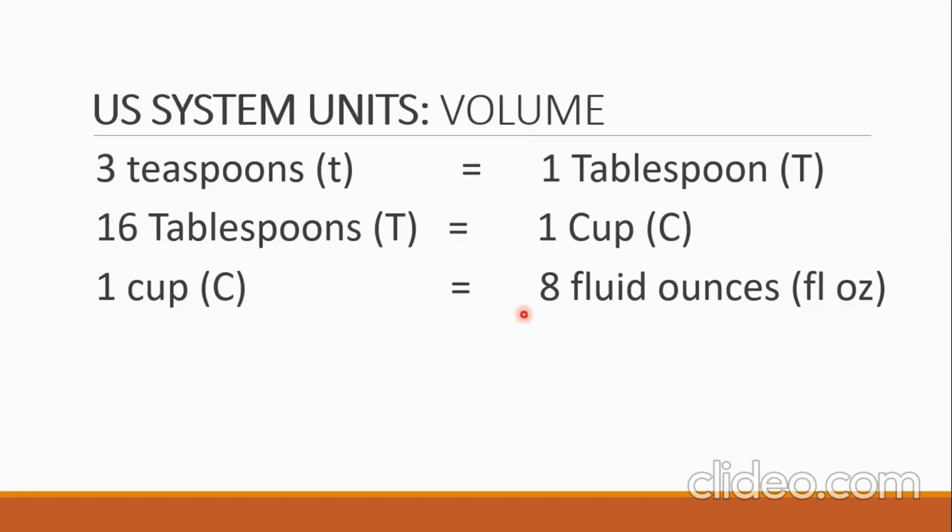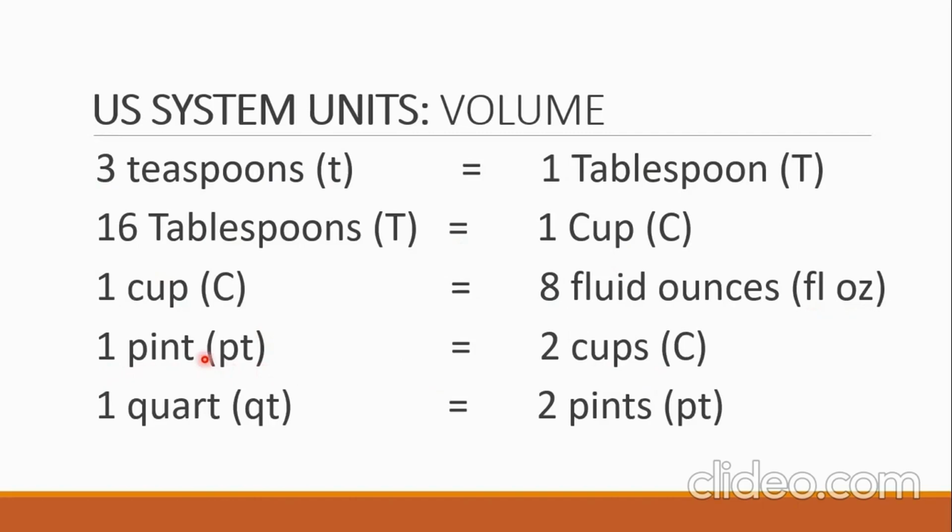So 1 cup equals 8 fluid ounces. Another unit is pint, symbolized by PT. 1 pint equals 2 cups. Another unit is quart, symbolized by QT. 1 quart equals 2 pints.